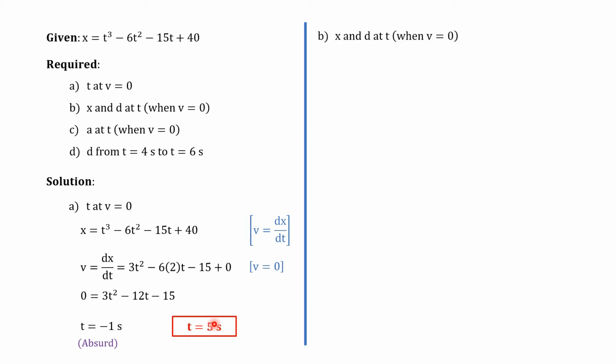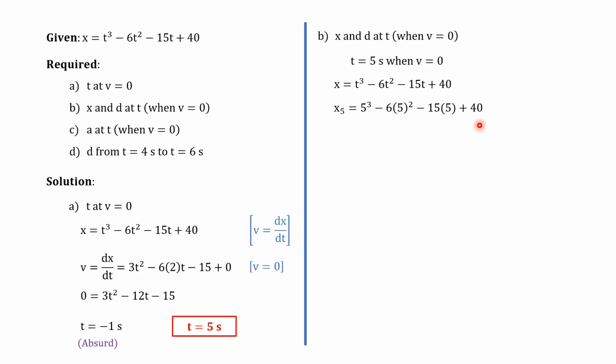Okay, let's proceed to the second requirement, which is position and distance using the value of time t that we obtained from A, and that is t equal to 5 seconds. Again, we use the given equation of the problem, and we just substitute 5 seconds in order to solve for the position of the particle at t equal to 5 seconds.